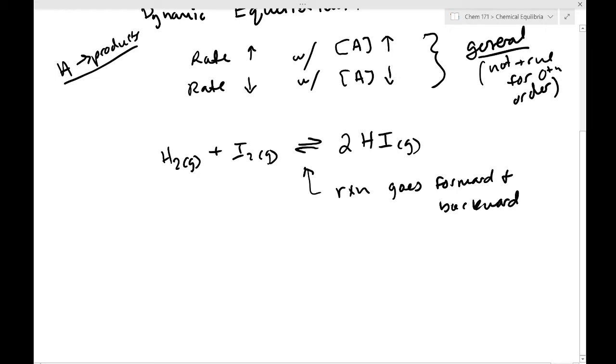At the very beginning, before any HI has been made, this reaction can't go backwards because there's no HI to decompose.